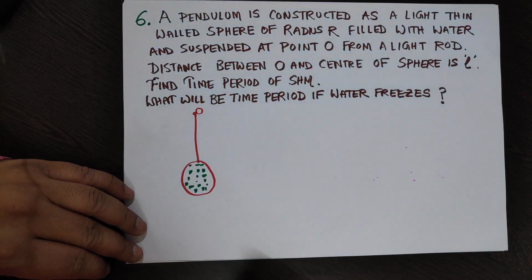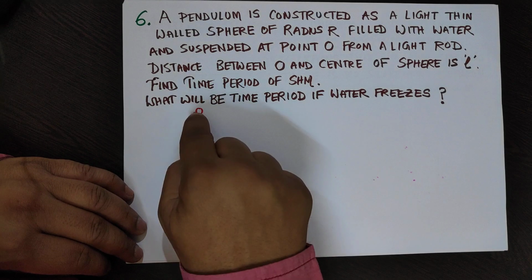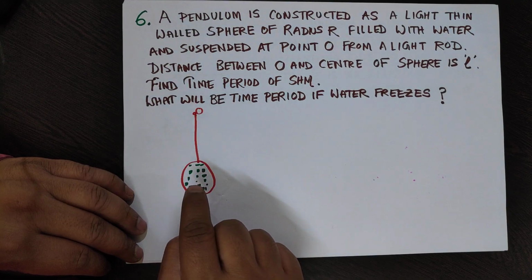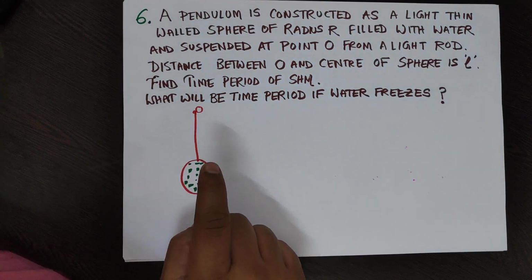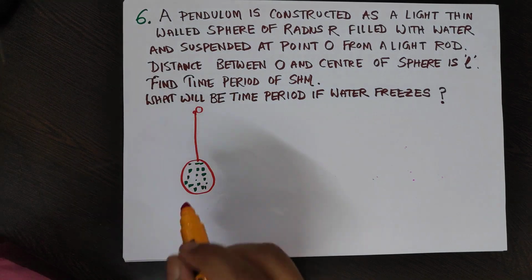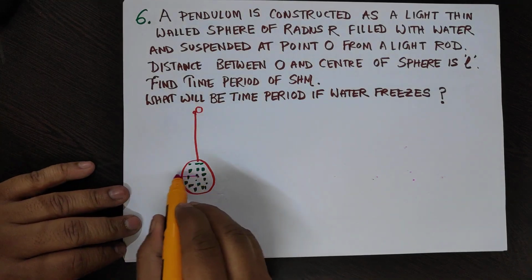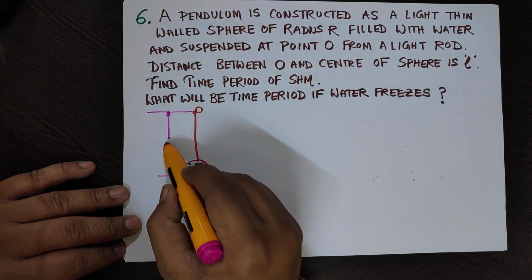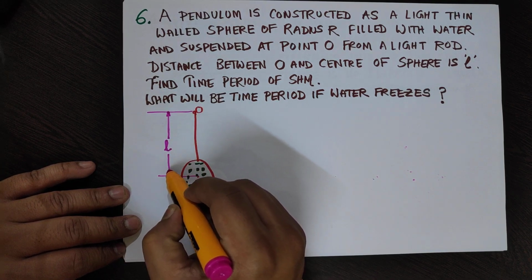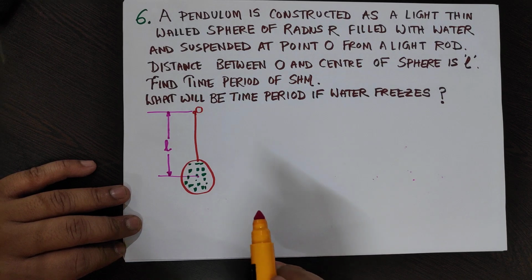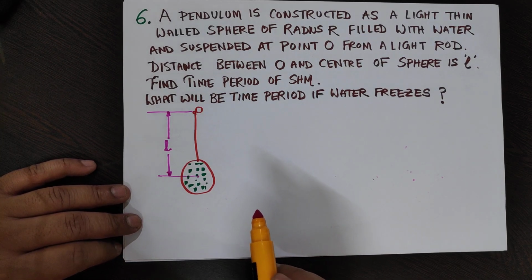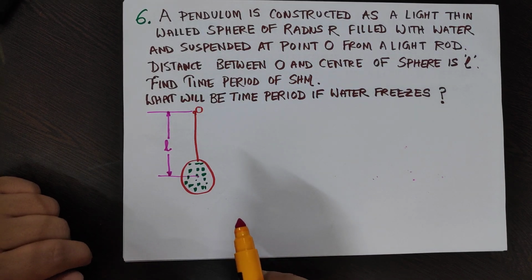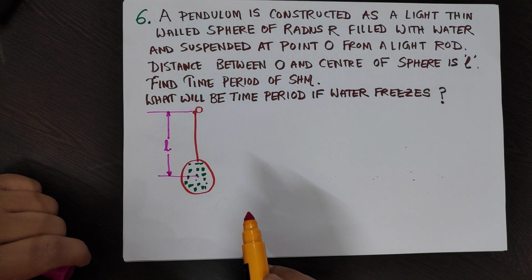Here, the distance between O and center of the sphere is L. So I have to mark this center of the sphere to this point O is equal to L. Right. Find the time period of simple harmonic motion. Also, what will be the time period if the water freezes?